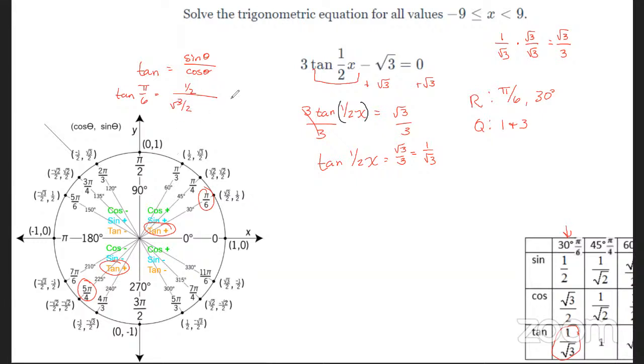So when you divide two fractions, it's keep the first one, switch the division to multiplication, and flip the bottom one to 2 over radical 3. These are going to cancel out, leaving you with 1 over radical 3, which is what we have over here. So that one checks out.